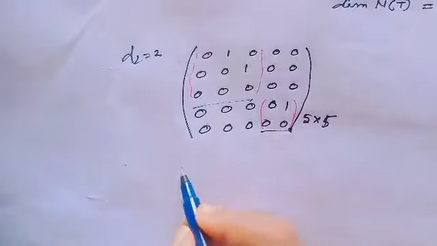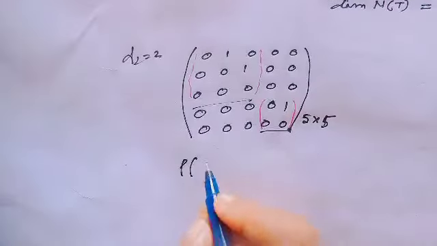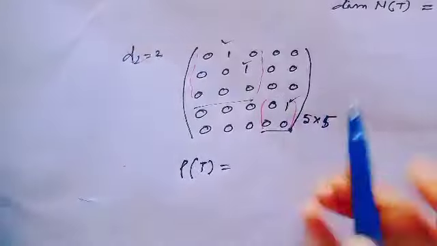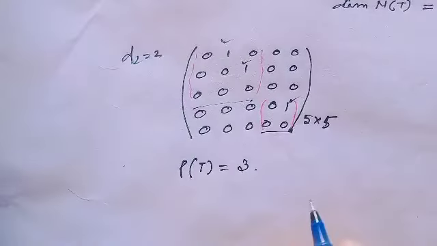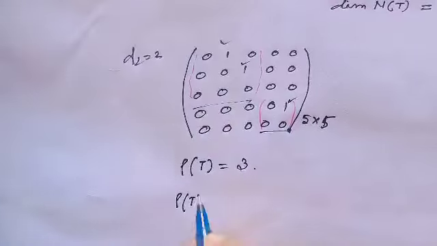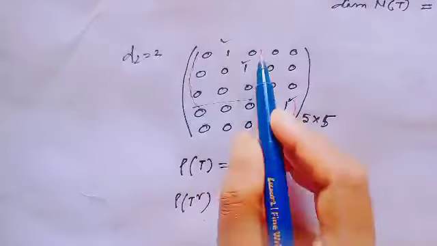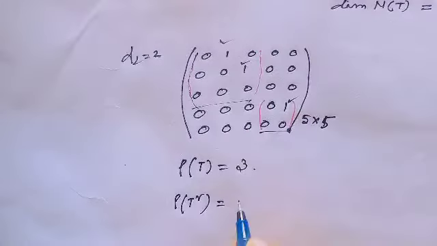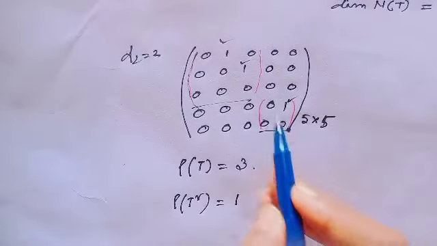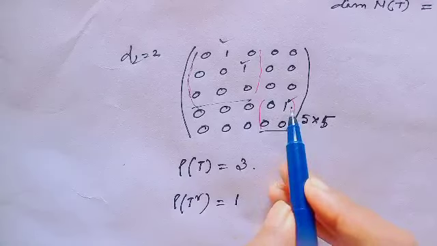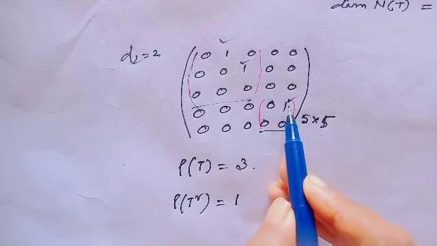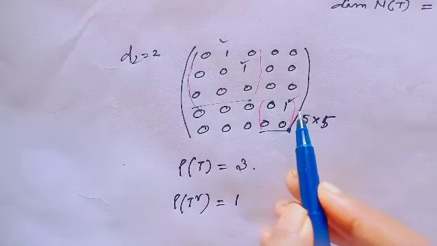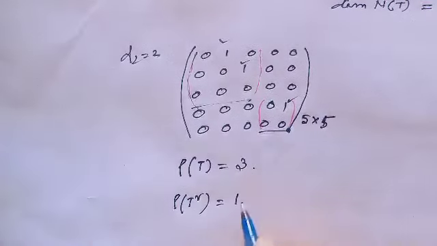And here the rank of T for this block would be 1, 2, 3. The rank of T square for this block would reduce by 1, that means this is equal to 1. And for this block 1 also would reduce. Since for this block the rank is only 1, this would be 0.